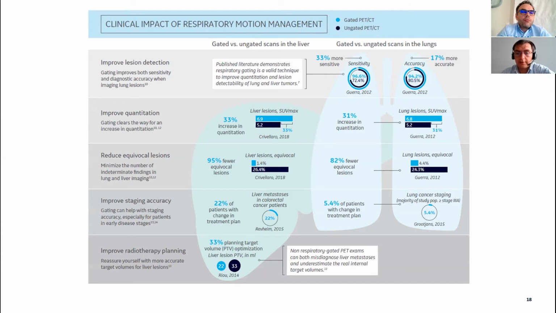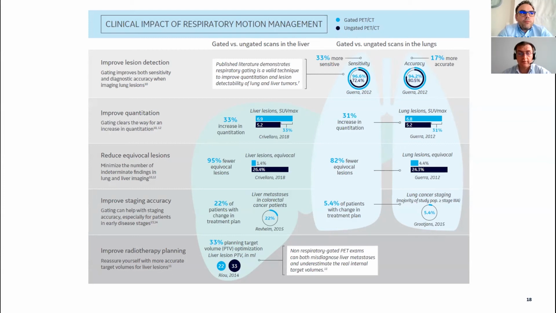A very important effect is also related, for example, to liver lesion detection, when in regular scanning, especially in the liver, a lot of lesions are reported as equivocal. And thanks to motion-free, 95% fewer equivocal lesions are appearing in reports. So that is significant as well.